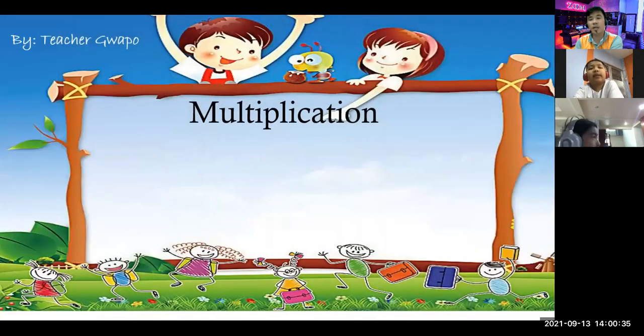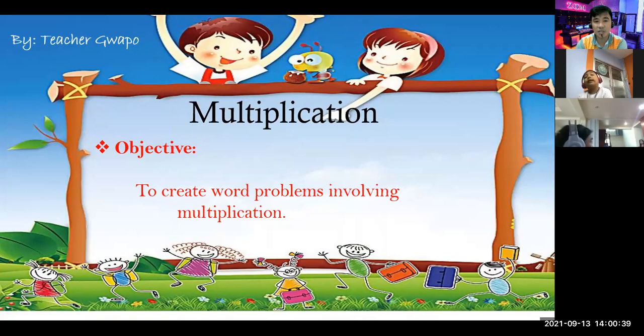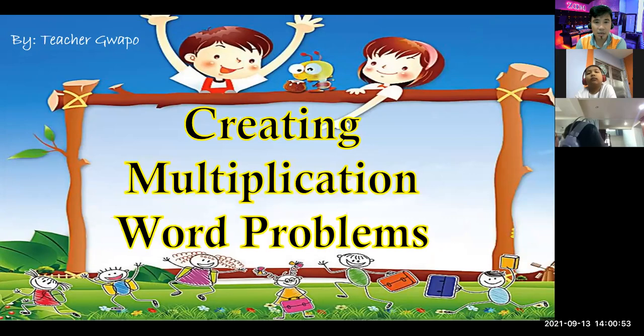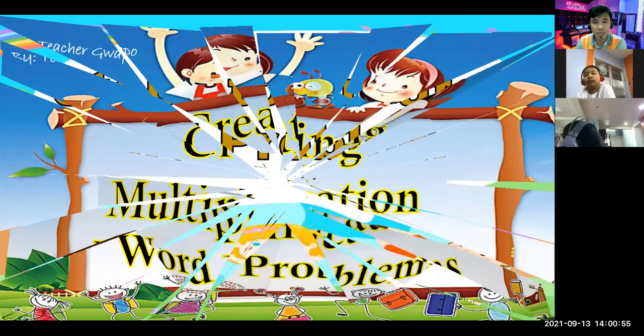So this afternoon, we'll be learning about multiplication. And our objective is just to create word problems involving multiplication. Creating multiplication word problems is almost the same as creating addition word problems. Here are the steps.